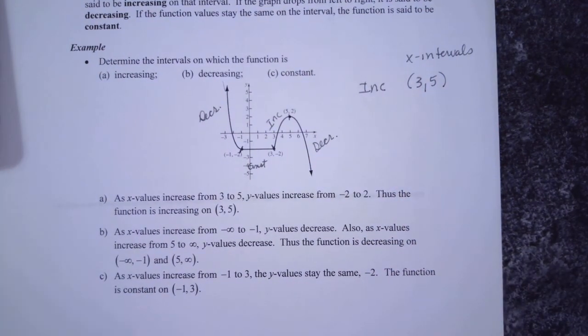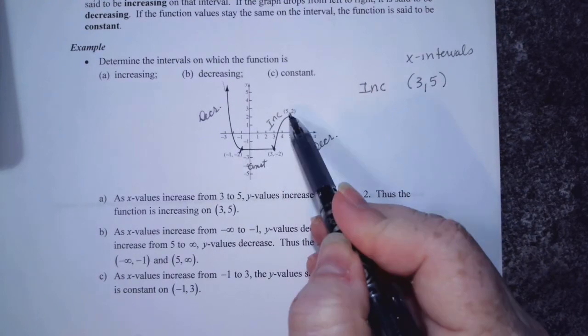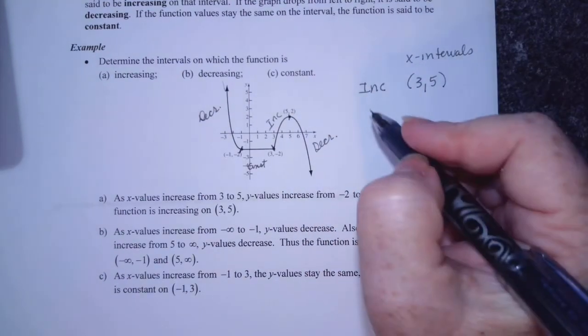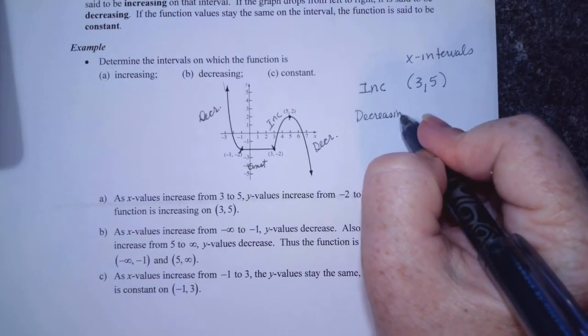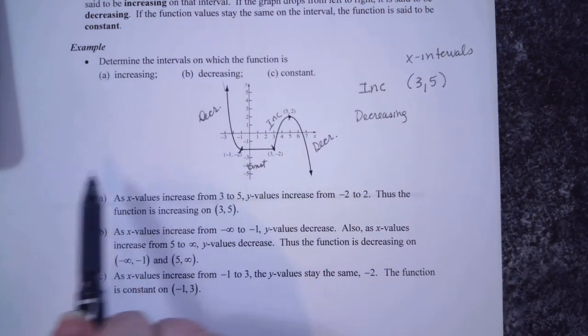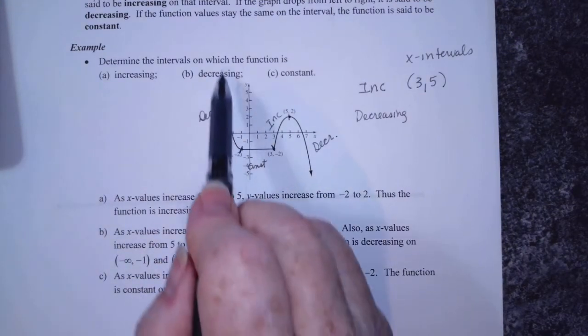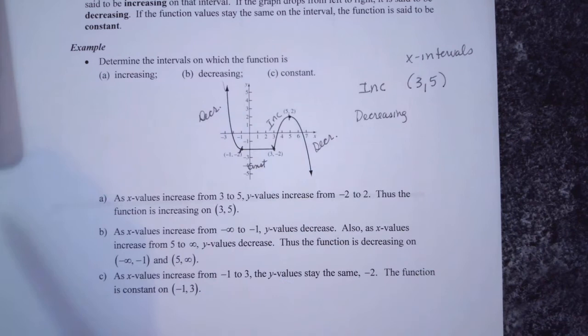Here we were asked to determine the intervals where a function is increasing, decreasing, and constant. So it was increasing between x's 3 and 5. It was decreasing, okay, from here all the way to the left. How far does that graph go to the left? Well, based on that arrow, it goes forever to the left.